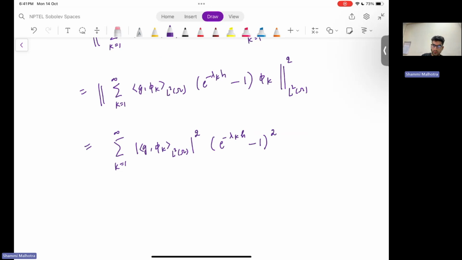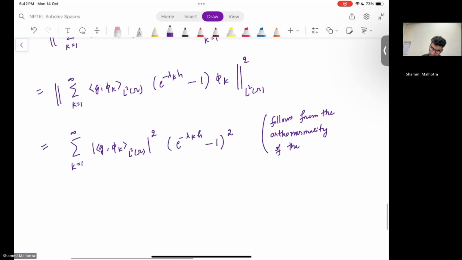So this follows from the orthogonality, or orthonormality, of the eigenfunctions phi_k.